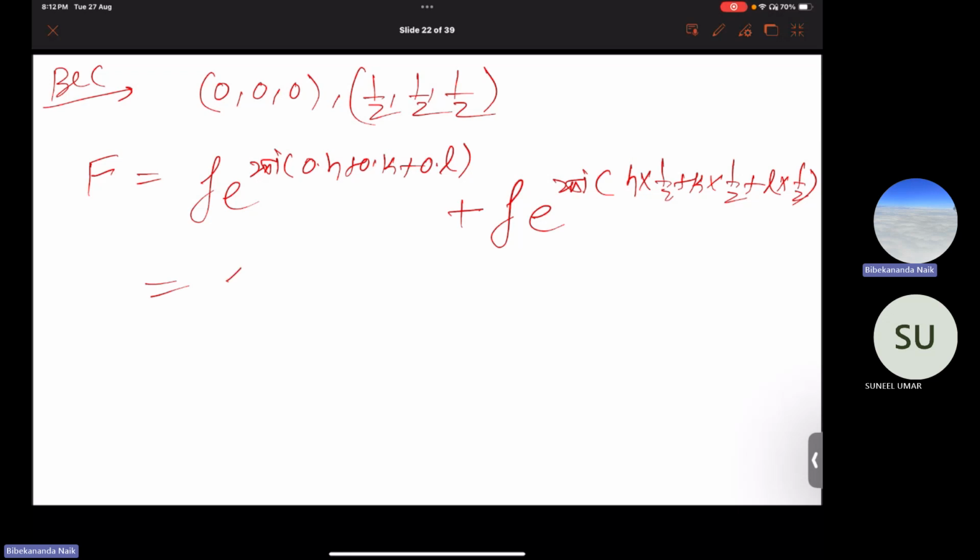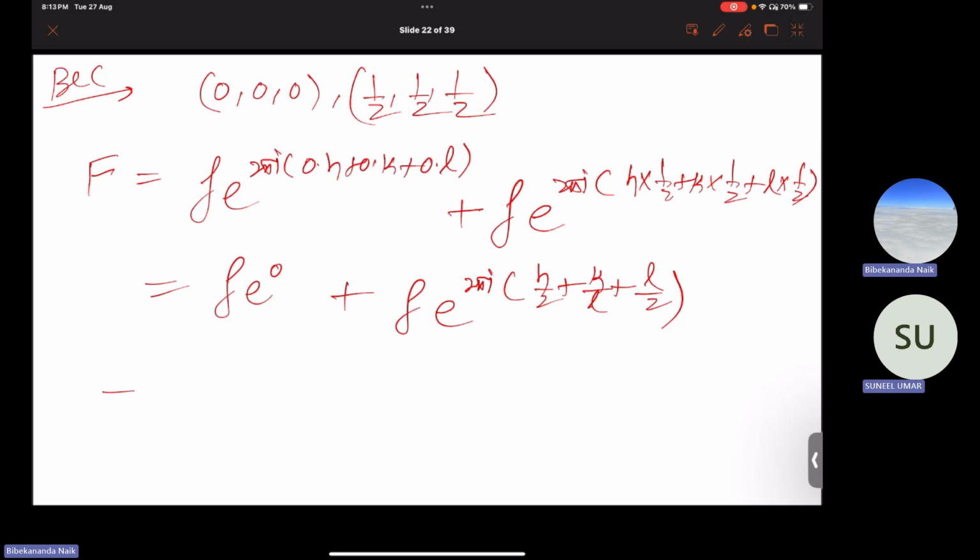Then this will be f e to the power 0 plus f e to the power 2 pi i (h by 2 plus k by 2 plus l by 2). If you take this small f common, then e to the power 0 is 1, so it is 1 plus e to the power i pi (h plus k plus l).